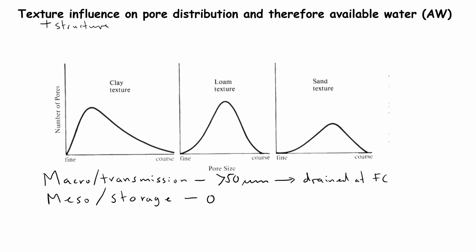These are between 0.5 and 50 microns in size, and these represent the available water holding capacity of soils.